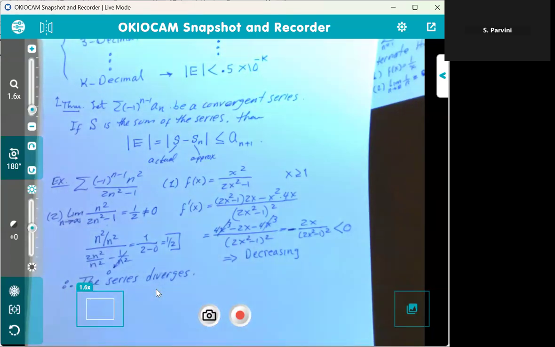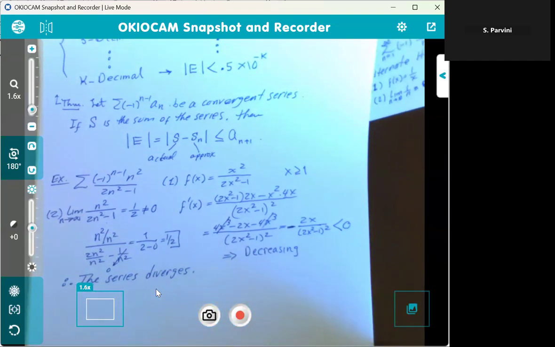Okay, that one diverges. Again, the limit of the nth term had to be 0, and it's not, although it was decreasing. So it's kind of like the harmonic series. Harmonics, of course, are not alternating, just a straight harmonic, but the limit was 0, but the series diverged. So it's the same idea.